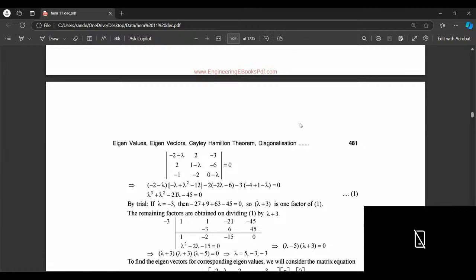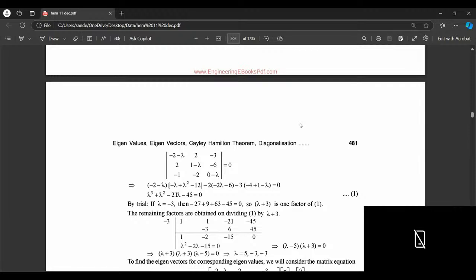So there are two ways to expand this determinant. First way, directly you expand this determinant. Second way, you write the equation lambda cube minus s1 lambda square plus s2 lambda minus determinant of A equal to 0.